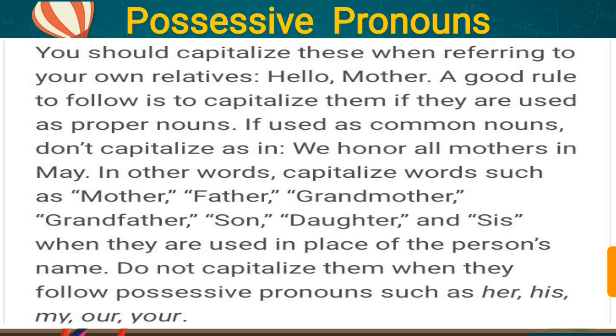In other words, capitalized words such as Mother, Father, Grandmother, Grandfather, Son, Daughter, and Sis are used in the place of the person's name. Do not capitalize them when they follow possessive pronouns such as her, his, my, our, your, or their.